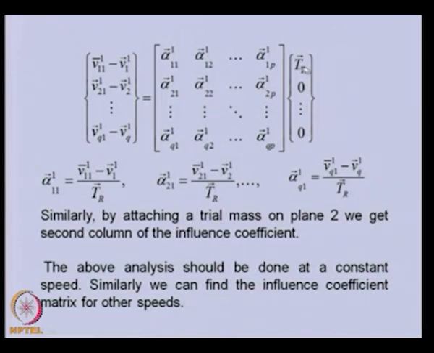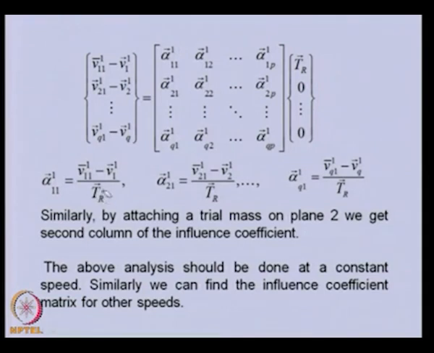Now, if we expand this equation, let us say the first equation. So, this will give us the first influence coefficient alpha 1 1 superscript 1 is this divided by TR. So, this influence coefficient can be obtained using this expression. We have measured these responses, both the amplitude and the phase of these responses.